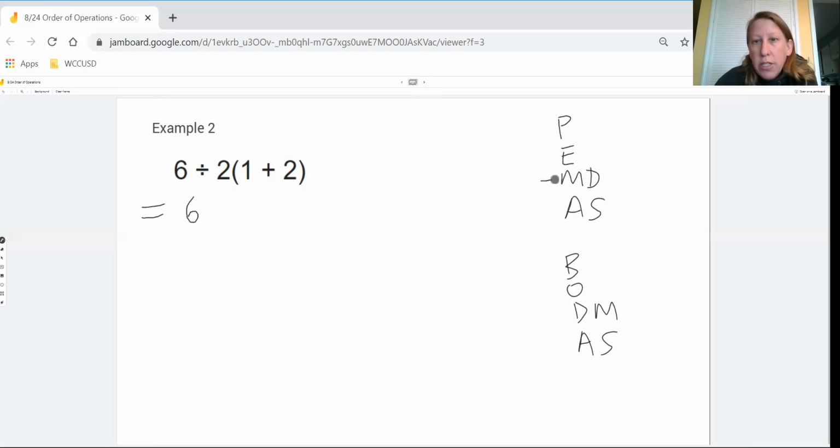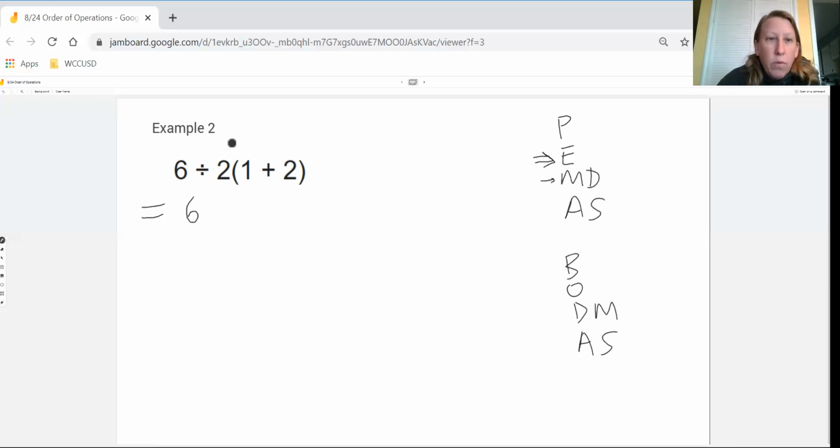But multiplication is repeated addition, and exponents are repeated multiplication. So this part makes sense in the order of operations mnemonic.